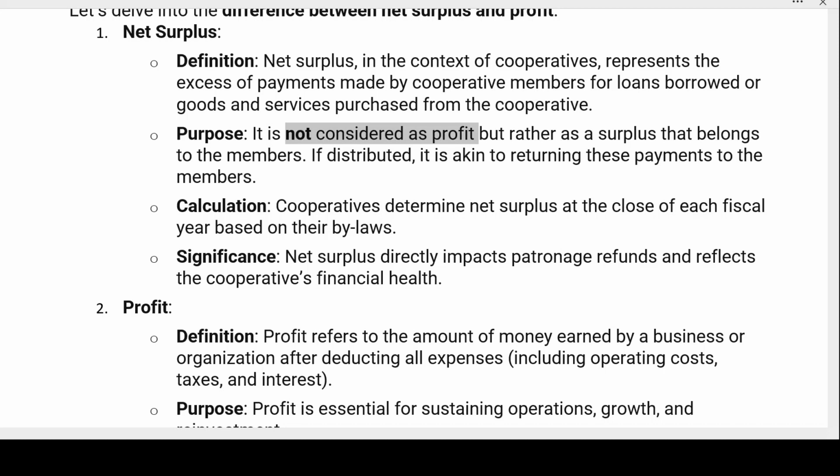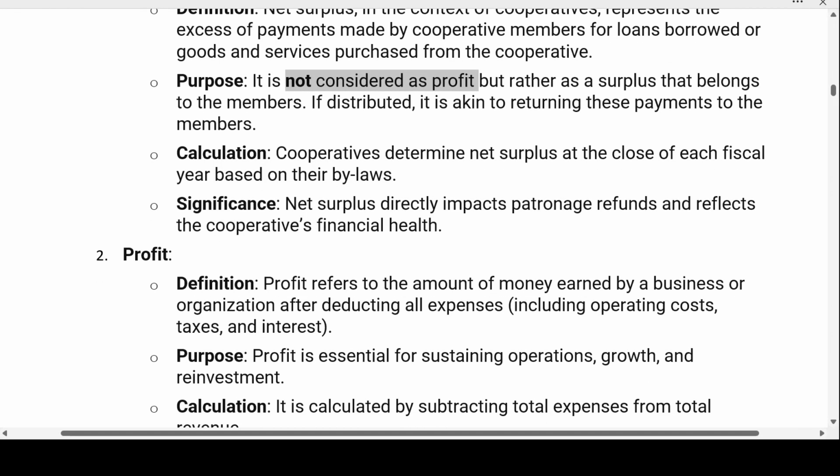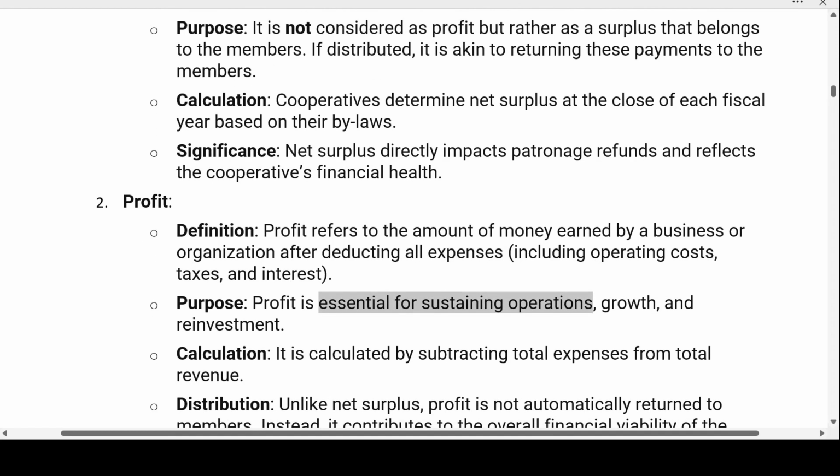If distributed, it is akin to returning these payments to the members. While the purpose of profit is essential for sustaining operations, growth, and reinvestment. So that is the difference in terms of the purpose.